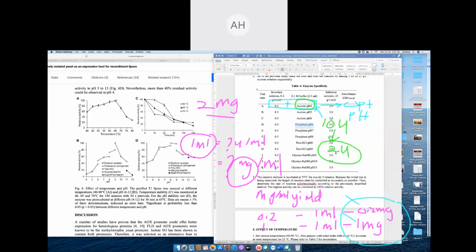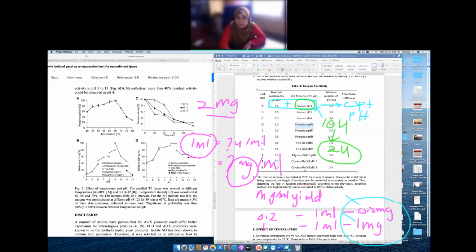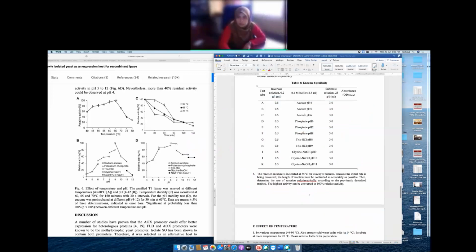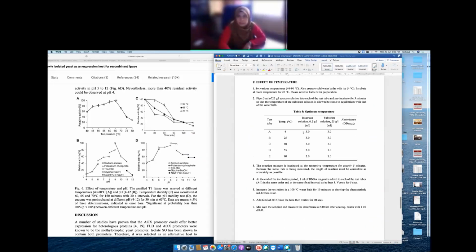So now we move to the next step, which is the effect of temperature. It's a bit similar to the pH. Let me just scroll down. For the effect of temperature, we now want to know the optimum temperature for the enzyme that we want to study.